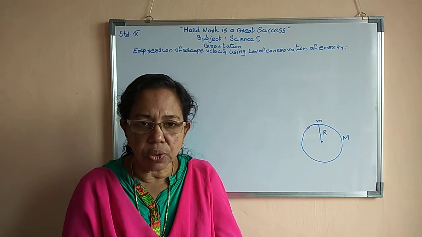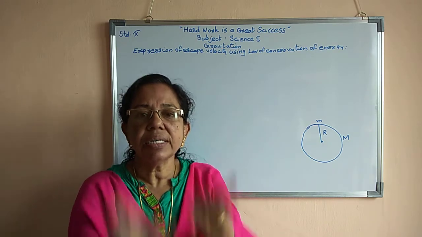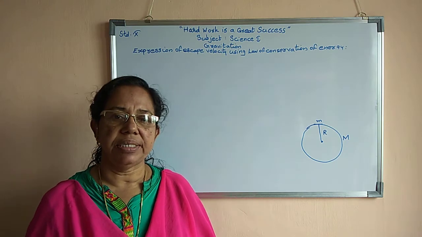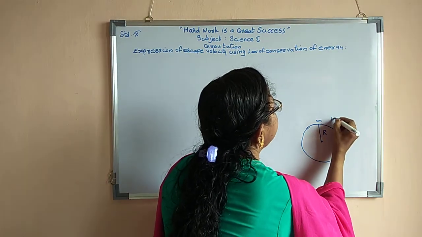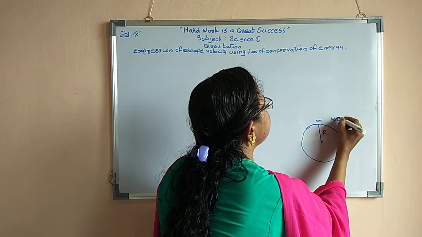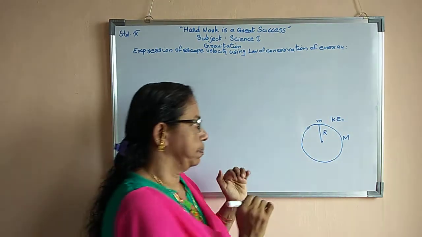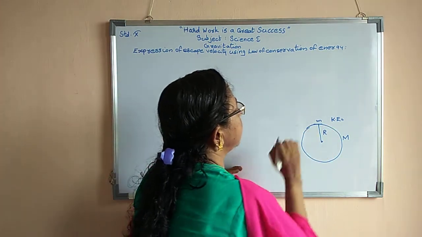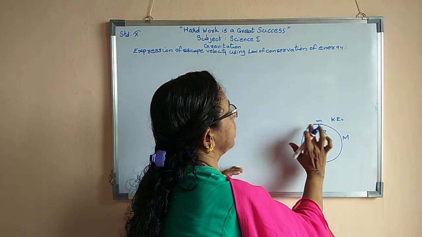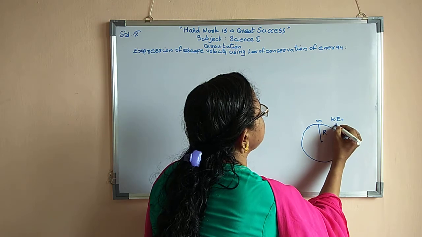Now we are throwing the object with the escape velocity. So we can write the Ke. Ke means kinetic energy possessed by the body. And on the surface of the earth, the object also has potential energy.